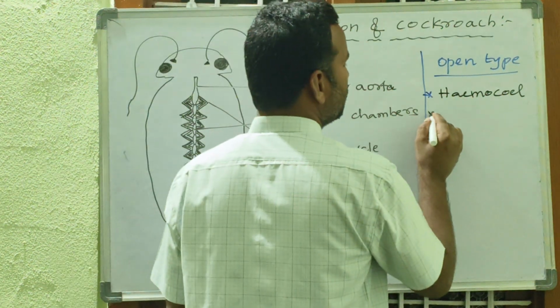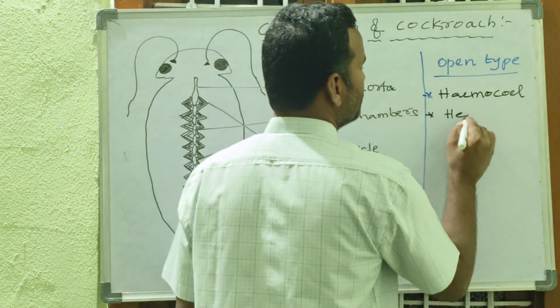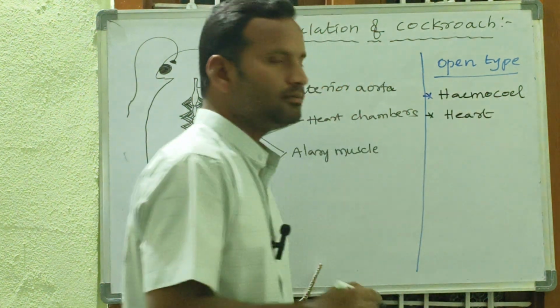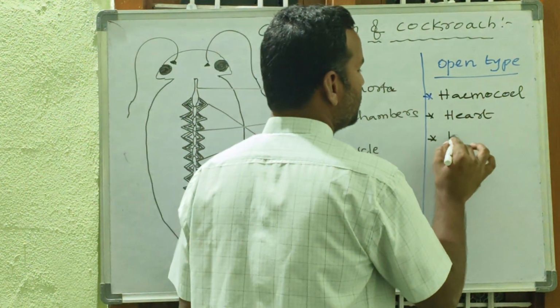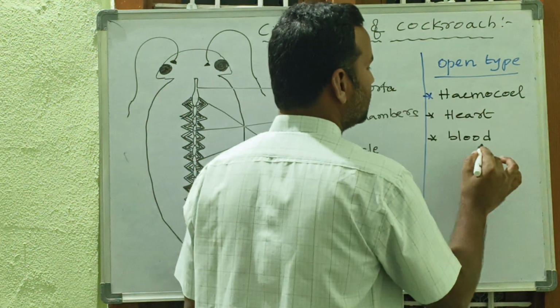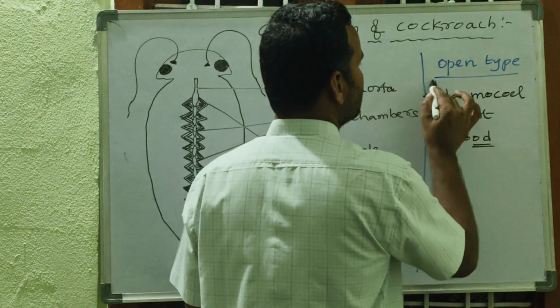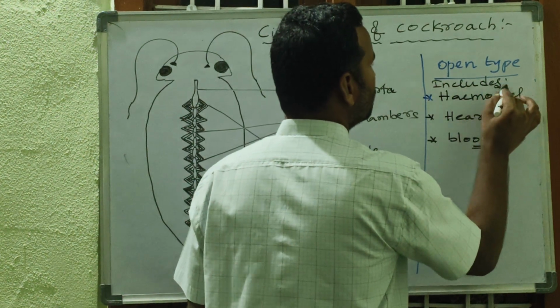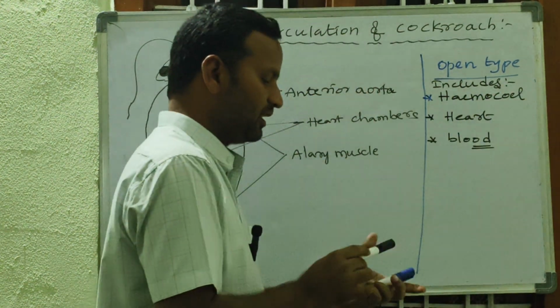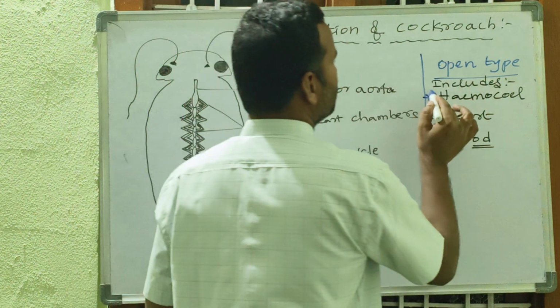Number two, the heart. Number three, the blood. Yes, these are the most important parts in the circulation of the cockroach. Got it? Yes, these are the important points.